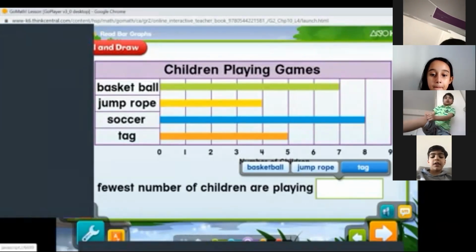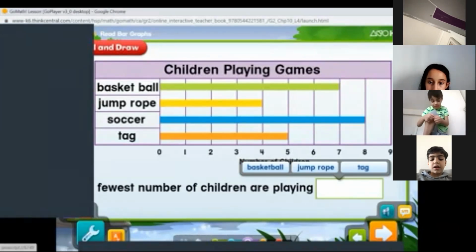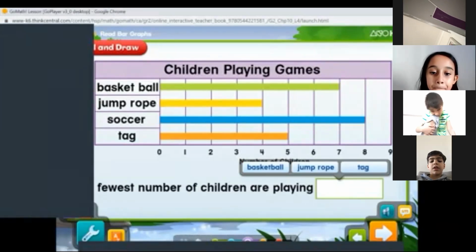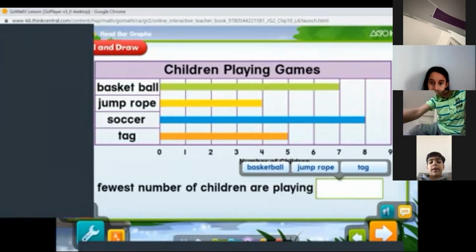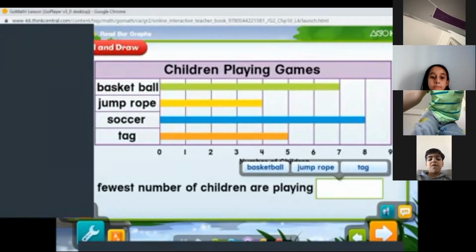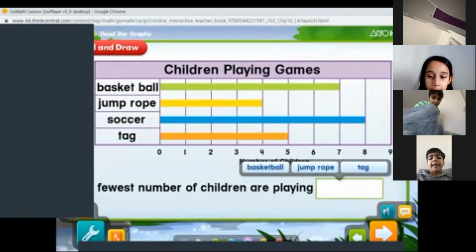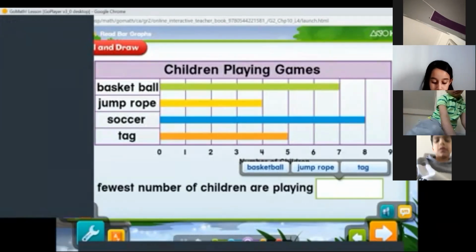Basketball, jump rope, or tag? Tag. No, basketball, jump rope, or tag? Basketball. No. Thank you. Tag.